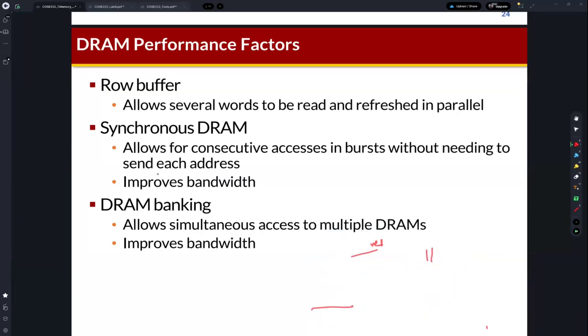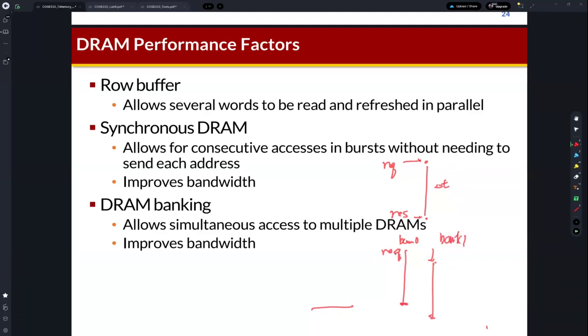So this is the request, and after some time, delta t, we can get the response. In this case, we give a request to bank 0, and after some time, we give another request to bank 1.